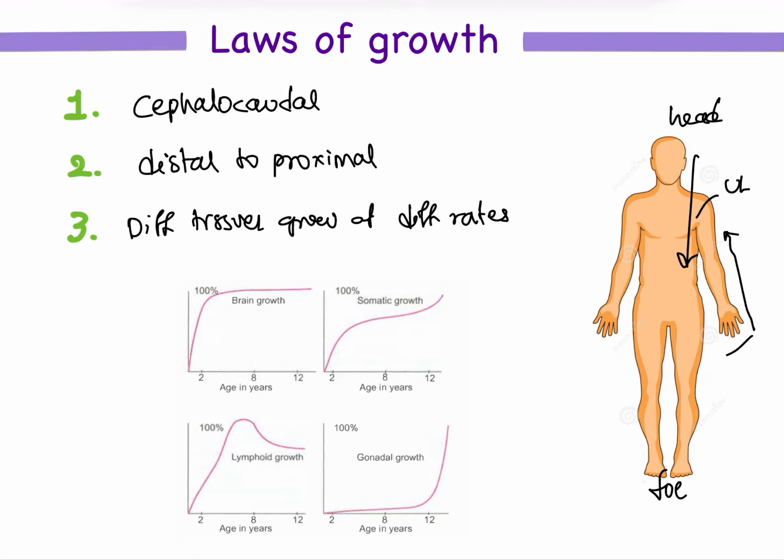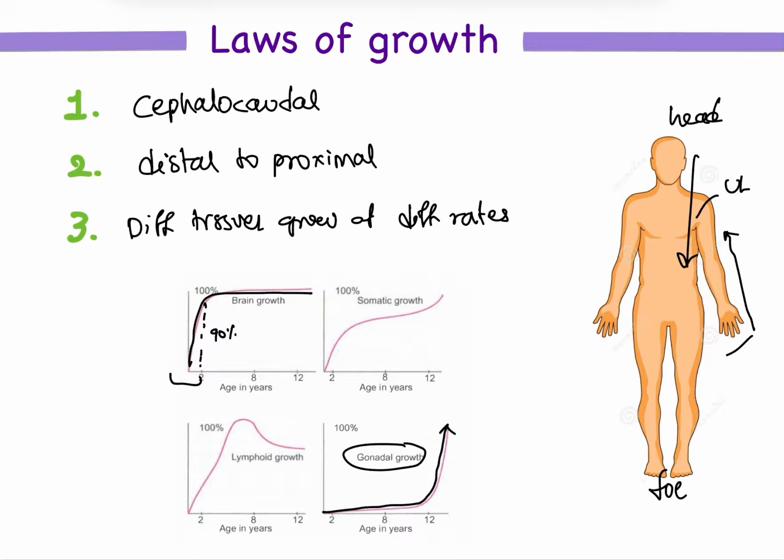Let's see brain growth. So the brain growth occurs in early period. That is, it reaches 90% of adult weight by 2 years. Conversely, the gonadal growth occurs in puberty.